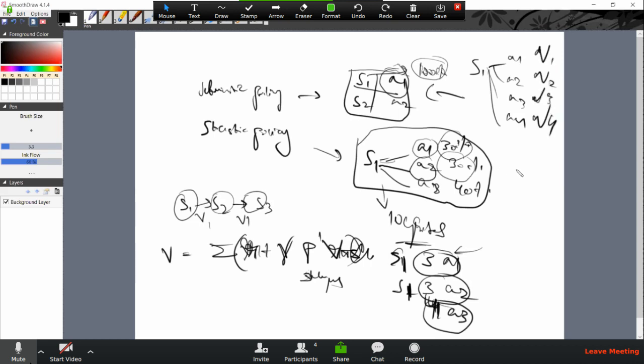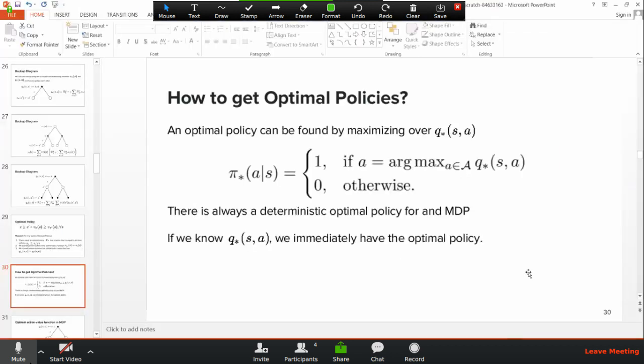Then you take the argmax of these Q values. Finally, whatever the maximum value is, we are trying to get. So it can be found by maximizing over Q star of S, A. If you find the argmax of it, you will get your optimal policy.